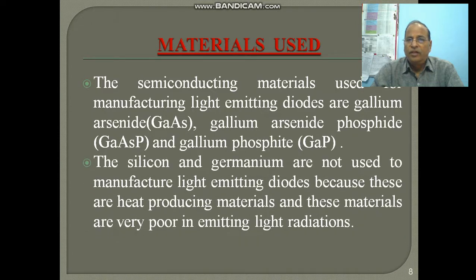Silicon and germanium are not used to manufacture light emitting diodes because these are heat producing materials and these materials are very poor in emitting light radiation, because we need here the light, not the heat. So silicon and germanium are not used.